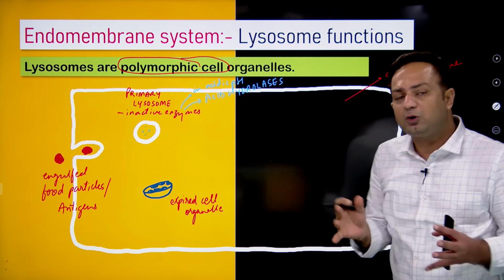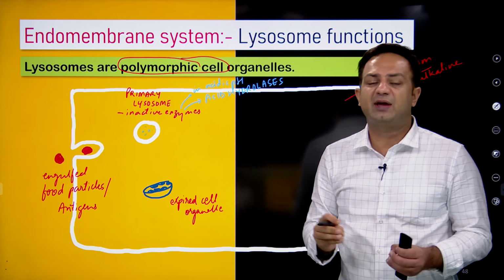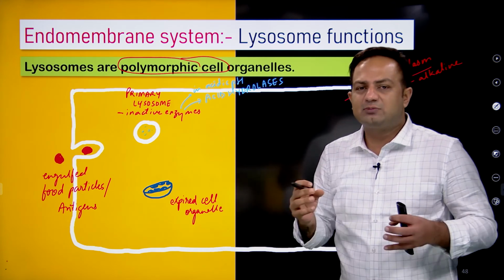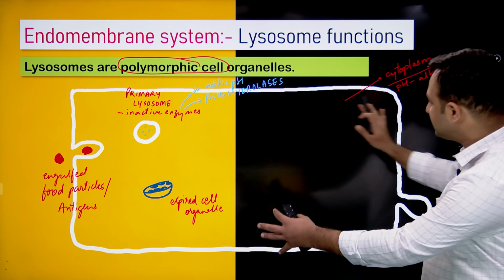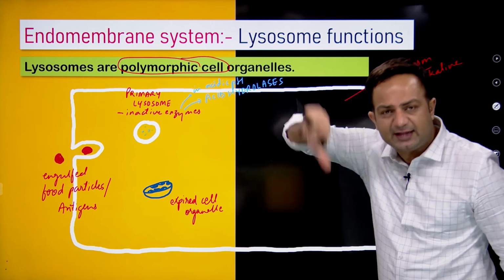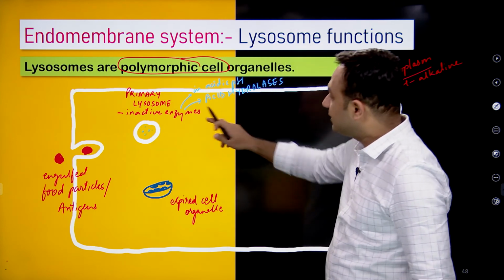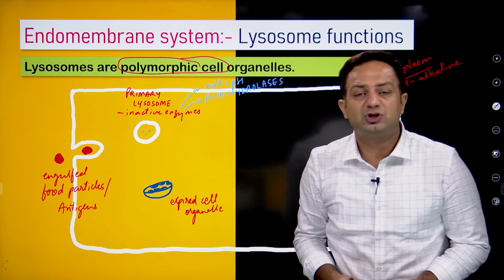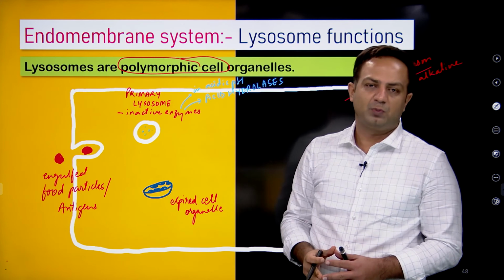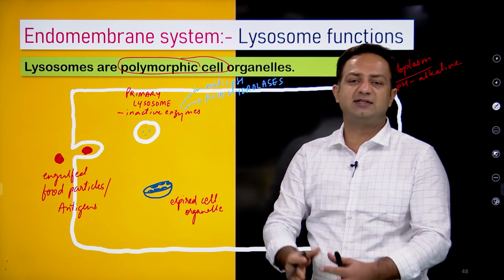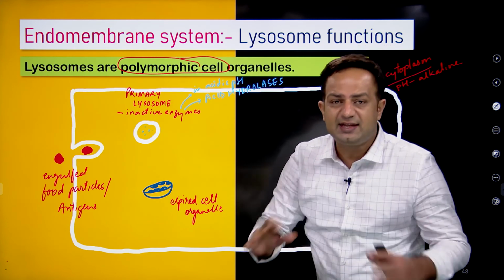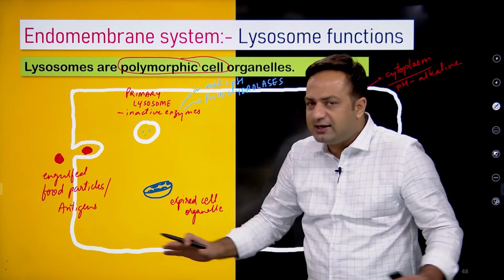So the question is, what will happen if the enzymes of the lysosome get leaked? Few enzymes of the lysosome leaked into the cytoplasm: nothing happens, because the medium is alkaline, whereas lysosomal enzymes function well in acidic medium. So leakage of a few enzymes from the lysosome is not going to cause any harm to the cell.